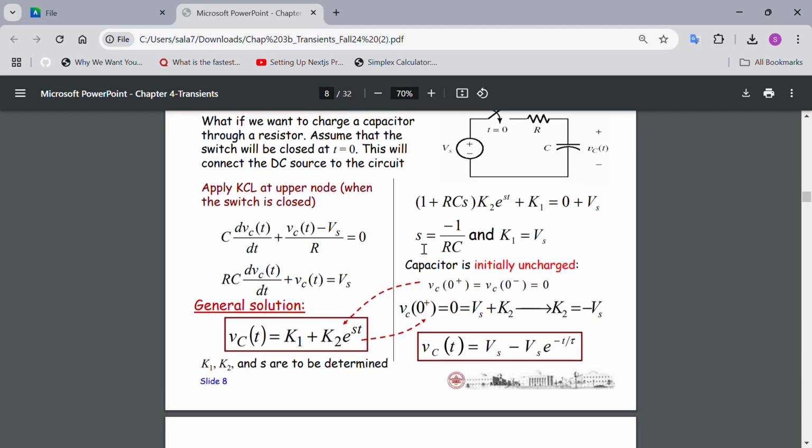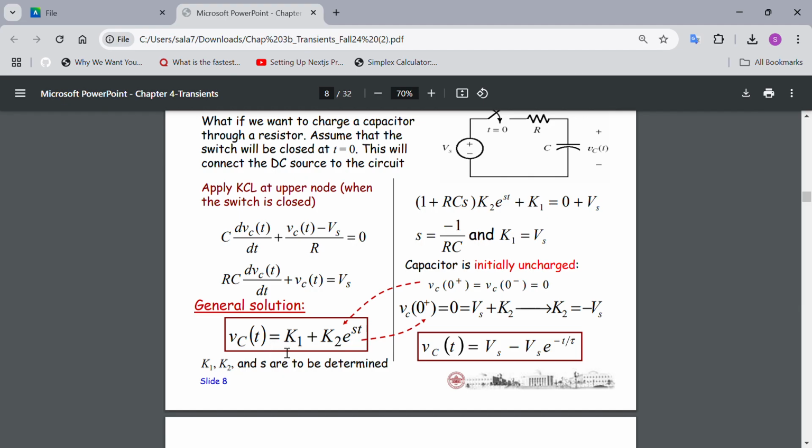Here, if we solve this equation, the general solution is Vc equals k1 plus k2 e to the st. That's the general solution for such a circuit, and you can memorize it, or you can solve it using integration techniques for first order linear differential equations, such as multiplying by an exponential.